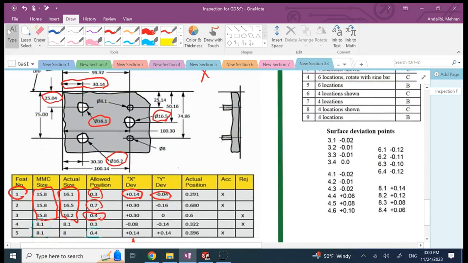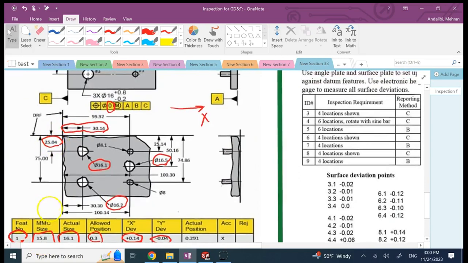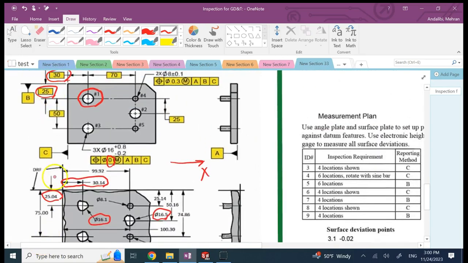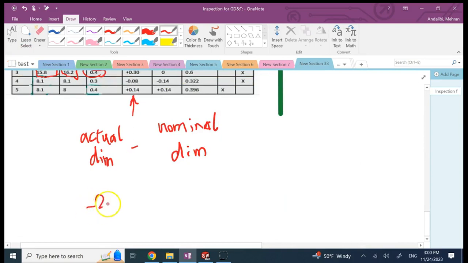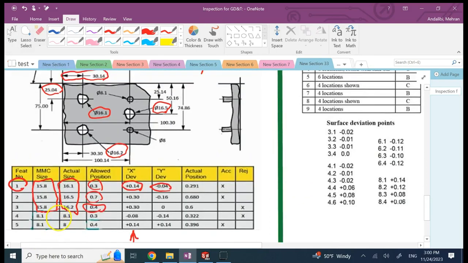Well, if we go with the same formula, you might say, well, 25.04 minus 25, that should be positive 0.04. Why is it negative? Well, because your y-axis is upward like that. So that deviation is in the negative. So it's negative 25.04 minus 25, which is going to be negative 0.04. Okay, so that's why you see a negative in this table.